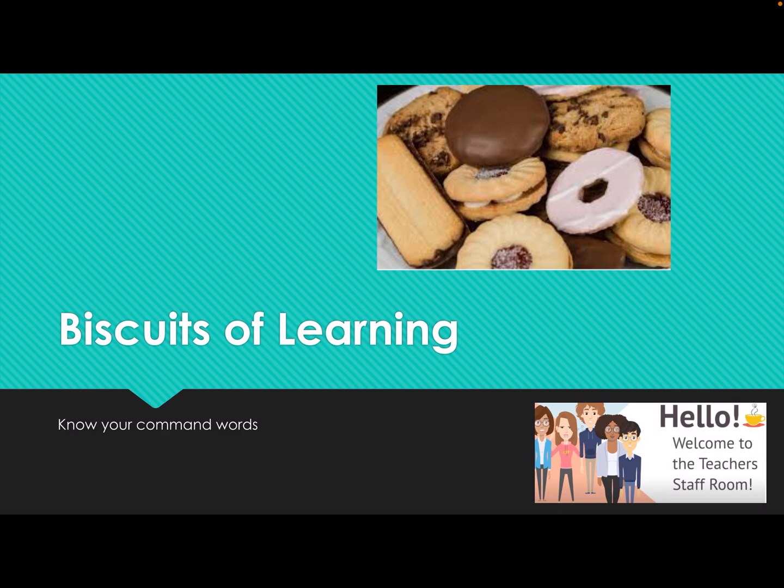So, Biscuits of Learning, know your command words. You will need to prepare for this particular resource by purchasing some different varieties of biscuits. I would say make it quite interesting, some chocolate, some not chocolate, but it does help to have quite a few different varieties, just obviously because we're going to be using command words which potentially they're going to be comparing biscuits against biscuits.